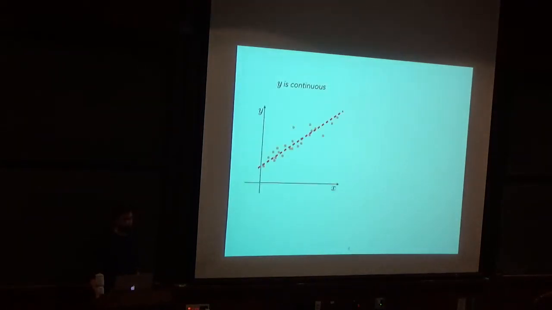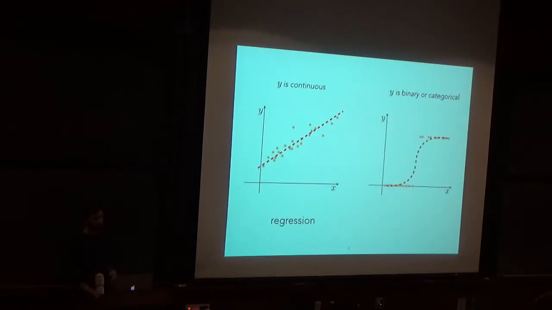For instance, if y is continuous, you might want to regress to a line that describes the relationship between your data and your labels. If y is binary or categorical, you might want to try to classify what these labels are given your inputs. This is all within supervised learning, remember.